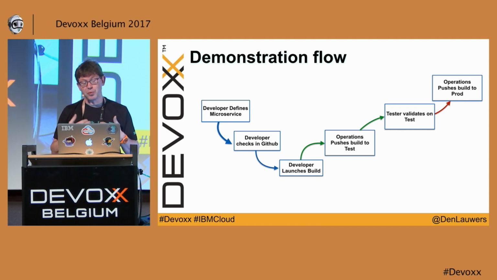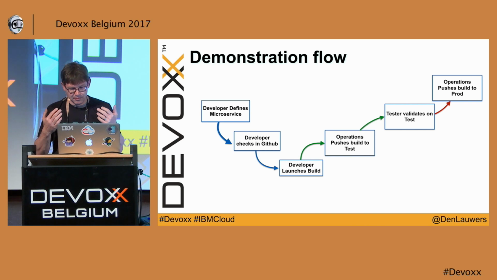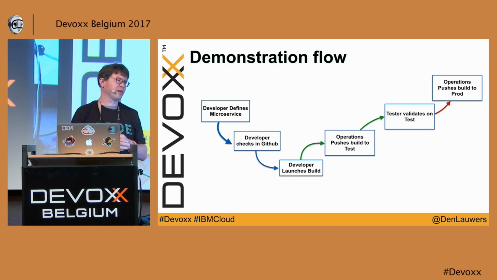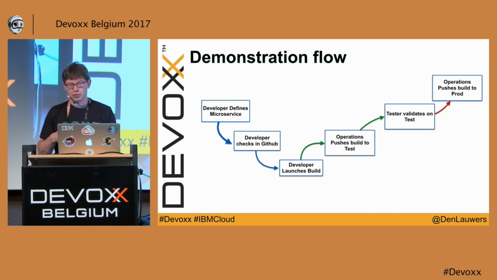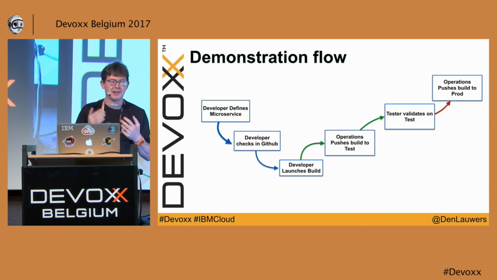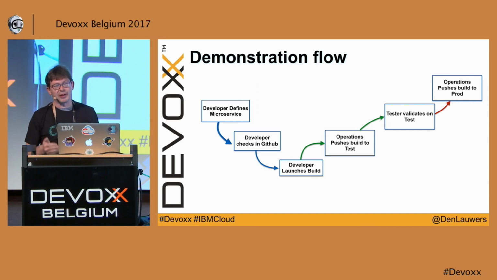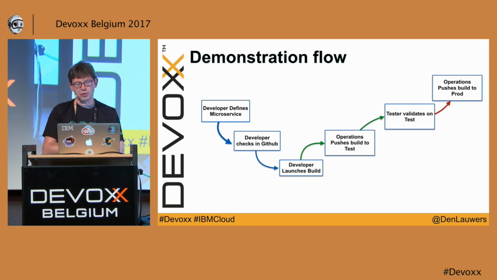So you can then also push it to a test where testers can validate that everything is okay, and then finally push it through to production, eventually with some approval gates, etc., to ensure that nobody just by accident pushes code into production.